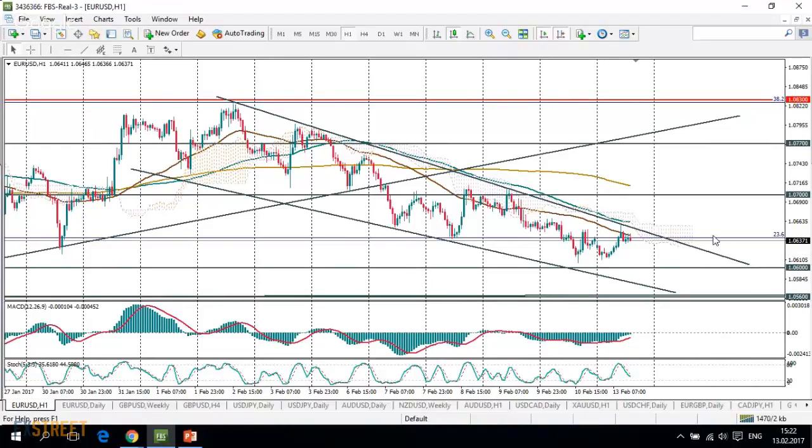This was the technical picture for the euro, and as for the fundamental picture, we can state that the political background for the European region looks tense. Investors are still worried that a far-right candidate will win the French presidential election and take the country out of the euro area. In addition, there were some sharp comments from German Finance Minister Wolfgang Schäuble, who said that Greece should leave the euro area if it cannot fulfill its bailout commitments.